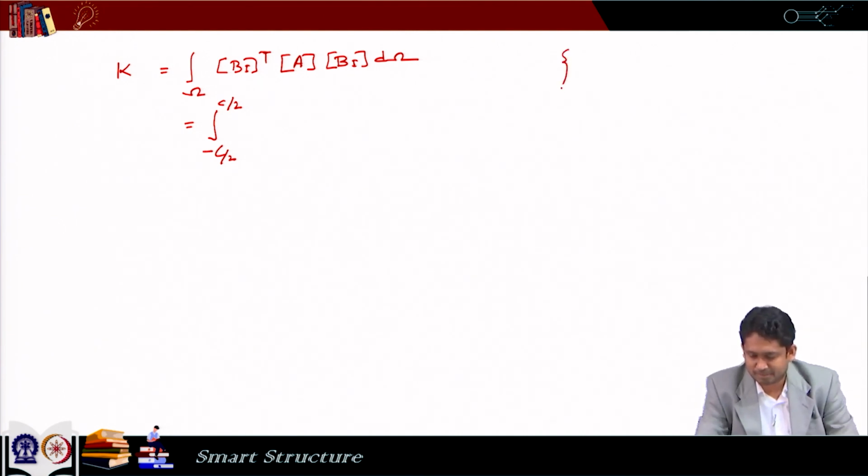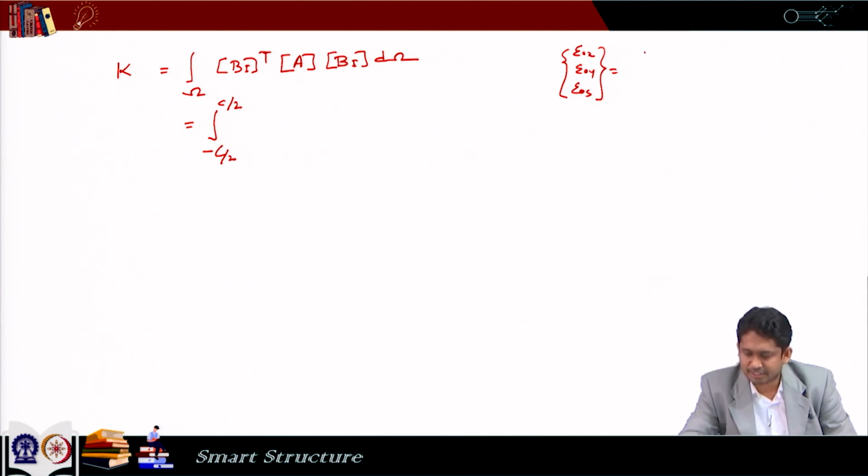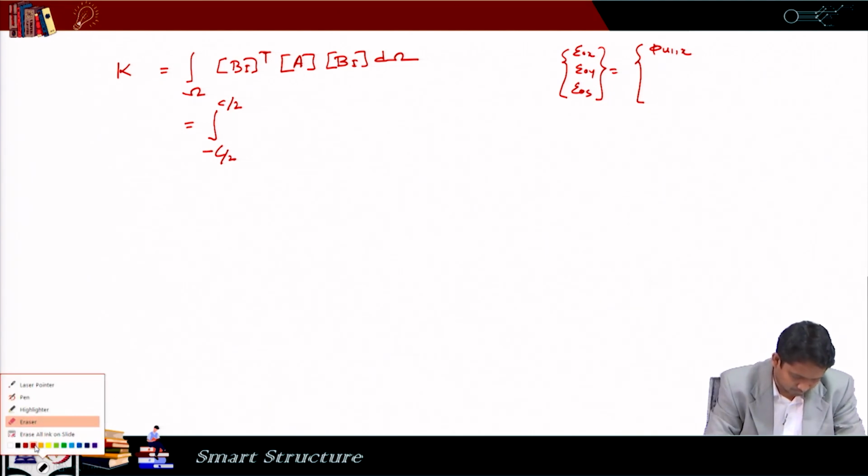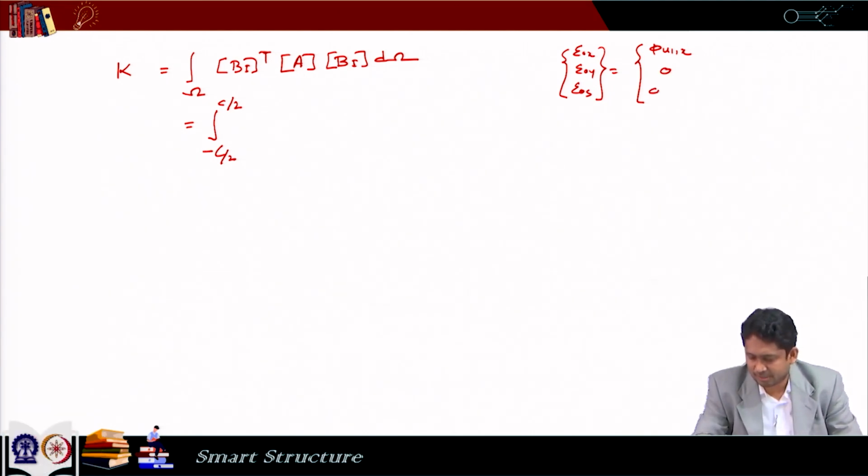So, as per our approximation, epsilon 0 x, epsilon 0 y and epsilon 0 s, in terms of q u1, becomes phi u1 comma x, phi u1 comma y, there is no phi v1, and then we have phi u1 comma y.